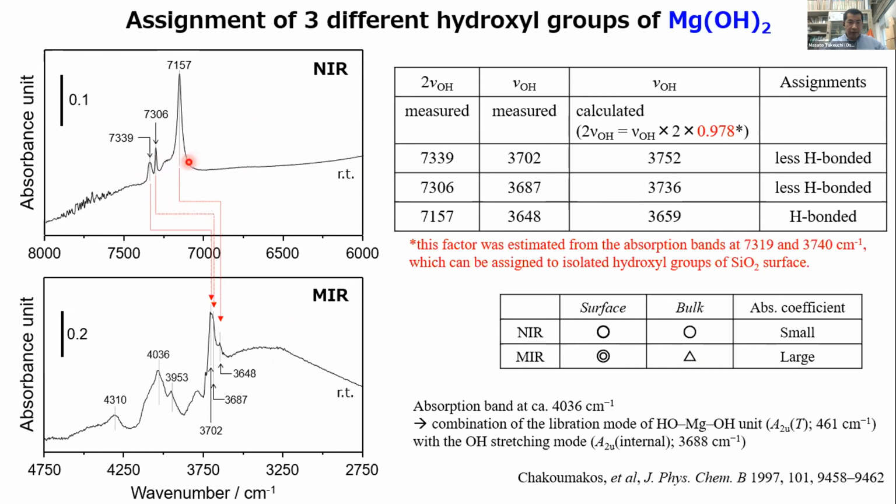These 3 absorption bands correspond to absorption bands here. So now I can say roughly the former 2 bands can be assigned to less hydrogen bonded hydroxyl groups. And this one can be related to the hydrogen bonded hydroxyl groups of magnesium hydroxide.